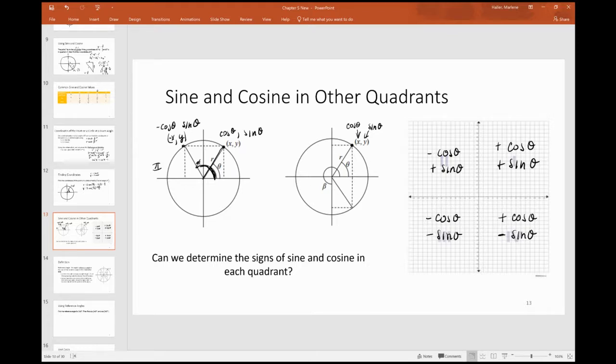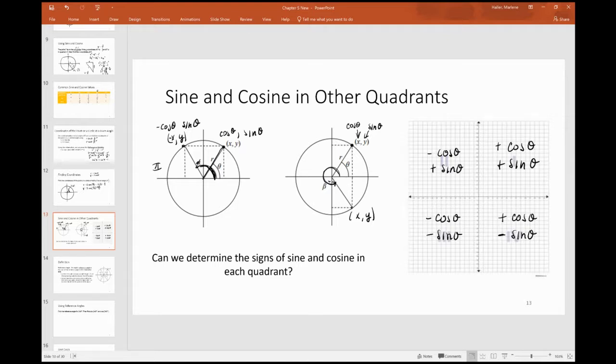Look at this example over here. We've got angle theta, same angle. But look, if we go all the way around to angle beta, this large angle here, and we consider those x and y coordinates, the x is going to be the same, isn't it?